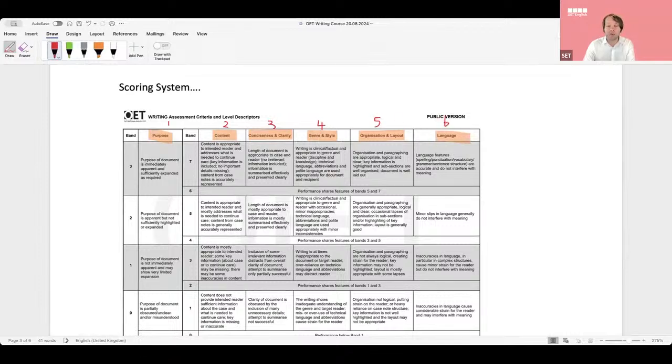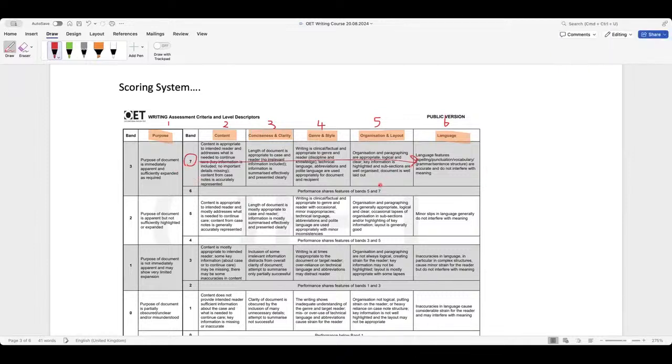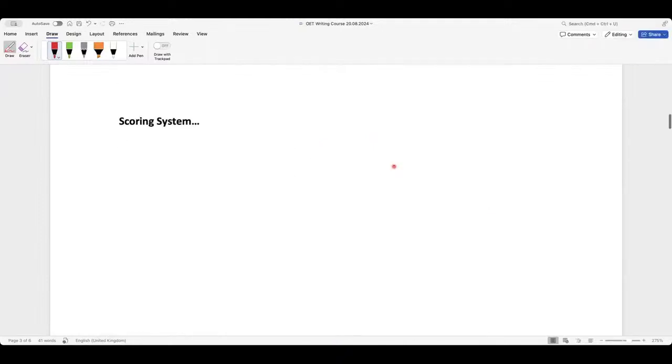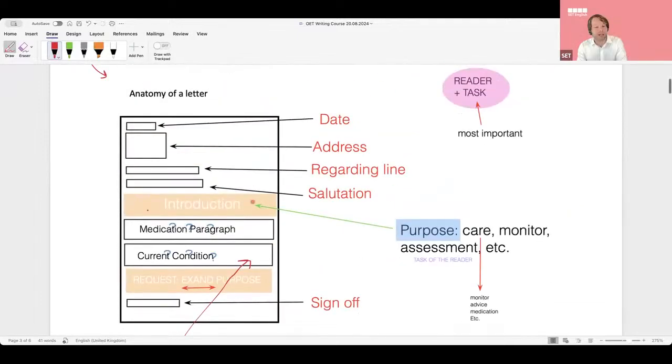Language, this is grammar. You can score maximum 7, sorry, I just did a 7. So maximum 7 here. Organization and layout, we studied that yesterday.